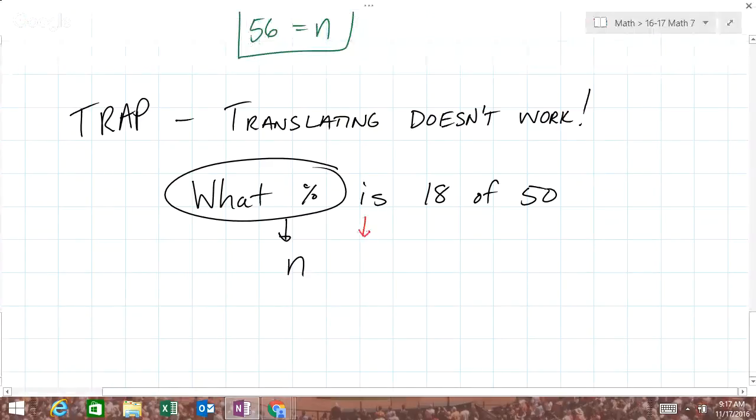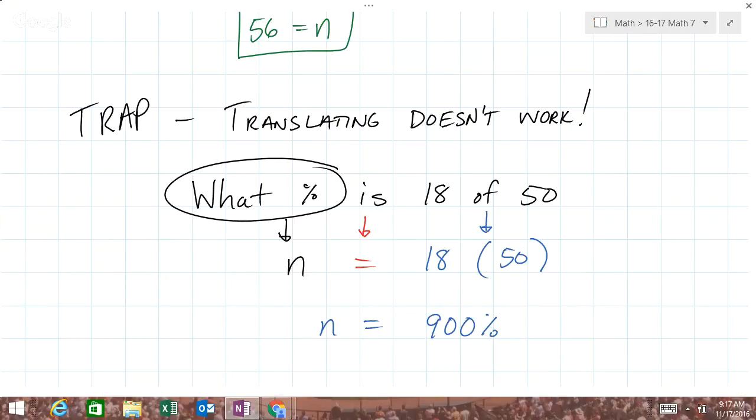We said is means equal. And then we're going to bring of means what? Of means multiply. And we're just going to bring these numbers down, aren't we? So if I multiplied 18 by 50, you're telling me I'm going to get 900. And it's percent, isn't it? Does that seem right to you? No. Not even close. So this is where it doesn't work.